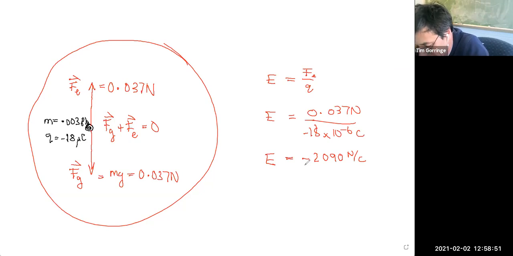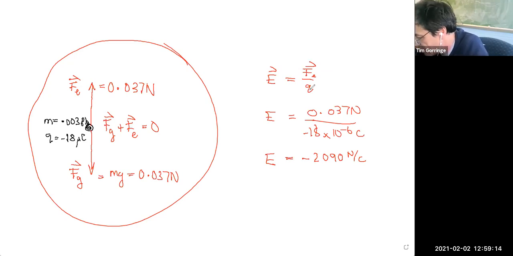What does the minus sign here mean? Well, the minus sign means that the electrical field is in the opposite direction to the electrical force. So the electrical field here is a vector, it has a direction. The force is a vector, it has a direction.